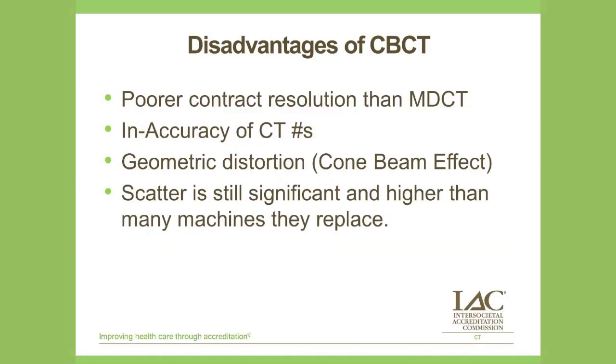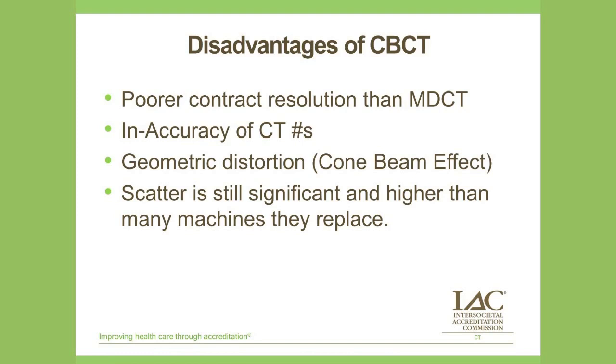What are some of the disadvantages of cone beam versus a multi-detector CT? It has poorer contrast resolution than a multi-detector CT. So it doesn't differentiate between various tissues as well as a multi-detector CT does. But in some cases, we don't care because we're working on a special purpose. Are we just worried about bone and air and maybe water? It might be fine to use a cone beam.